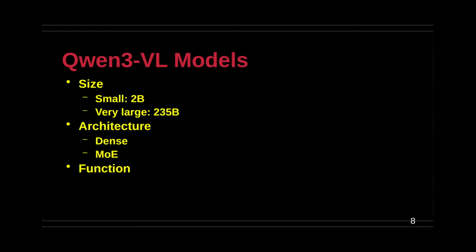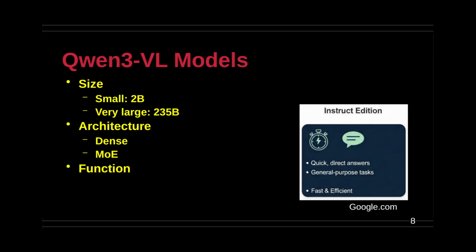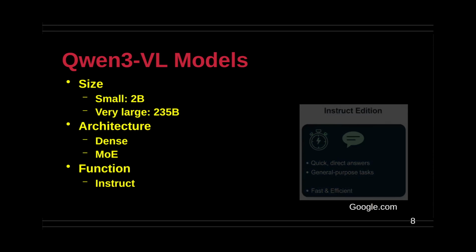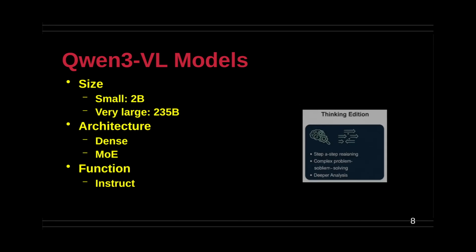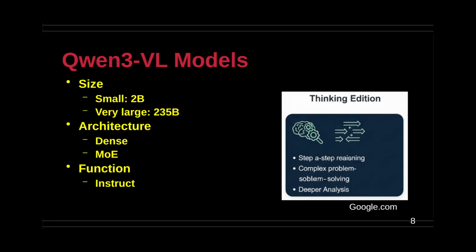What are the high-level differences in the Qwen3-VL models? Well, Qwen3-VL models come in several versions, including dense and mixture of experts, MOE, architectures, and are also separated into Instruct and Thinking editions. The difference is size or parameters.